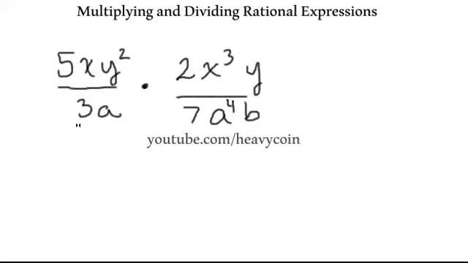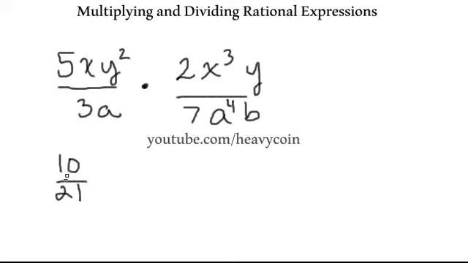So we have 5, 2, 3, 7. This multiplication means we can just multiply each one of these terms together. Just watch what I do here. 5 times 2 is 10, and 3 times 7 is 21.